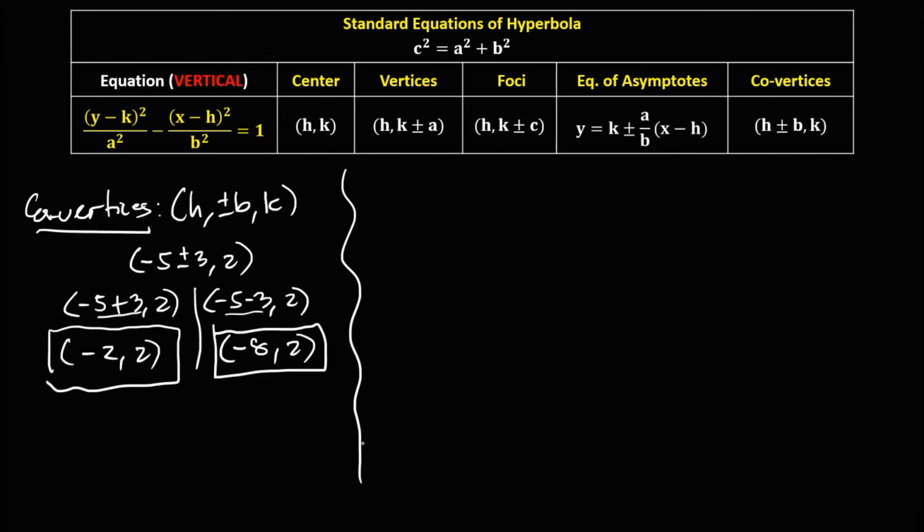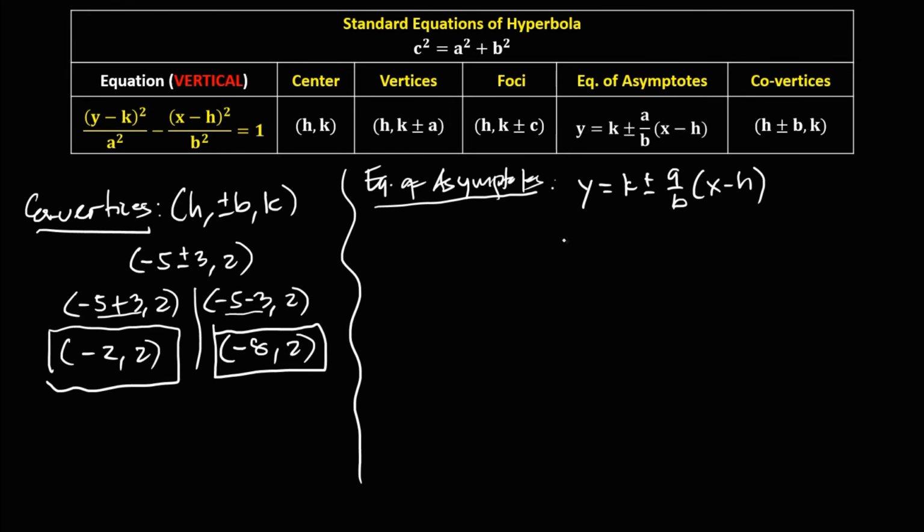Then the last one, the equation of asymptotes. For the equation of asymptotes, the formula is y equals k plus minus a over b, then x minus h. Then substitute now the values.